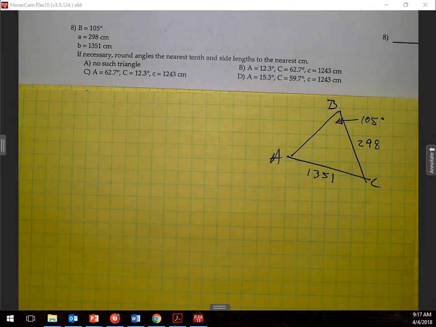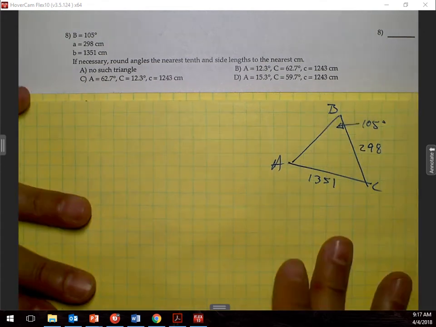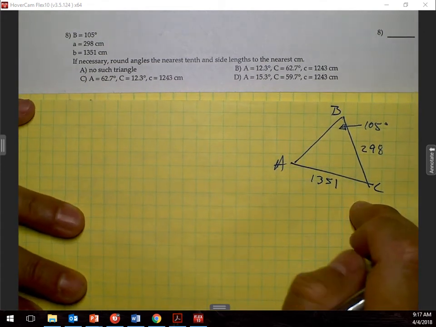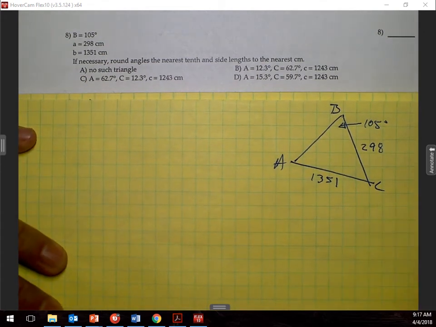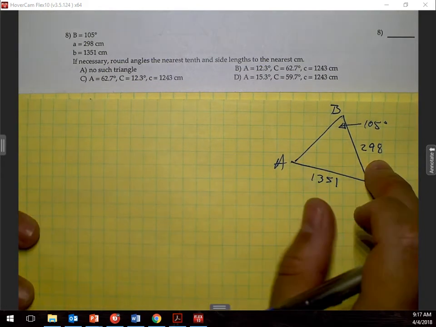See, I'm telling you, that is frustrating. Okay. All right, so now, what am I going to solve for first? I'm going to solve for big A. So let's do that.